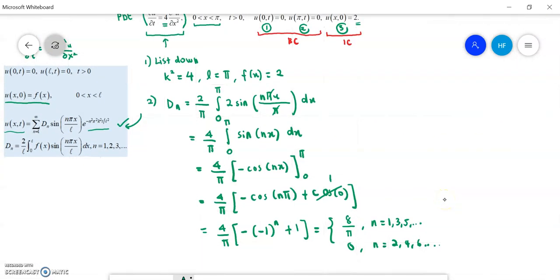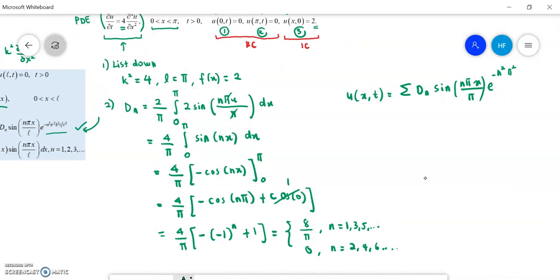Okay, now we can solve u(x,t), which is equal to the summation of T_n sine n pi x over L, which is pi, times e to the power of negative n squared pi squared k squared, where k squared is equal to 4, times t over L squared, where L squared is equal to pi squared.